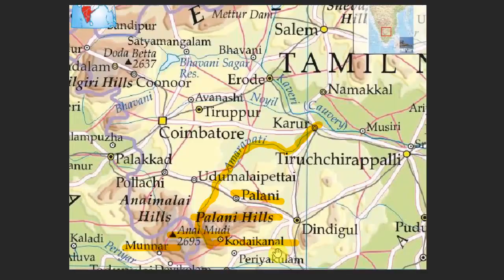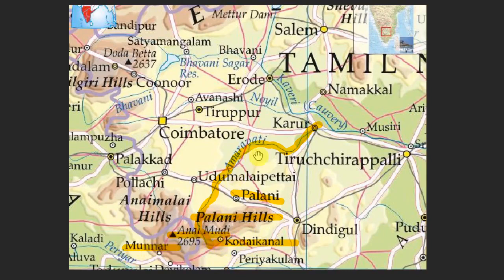So the Amaravati river, we saw, originates from Anaimudi Hills, which is the highest point of South India, in the Anaimalai Hills, located very closely to Kodai Canal on the Tamil Nadu side and Munnar on the side of Kerala.